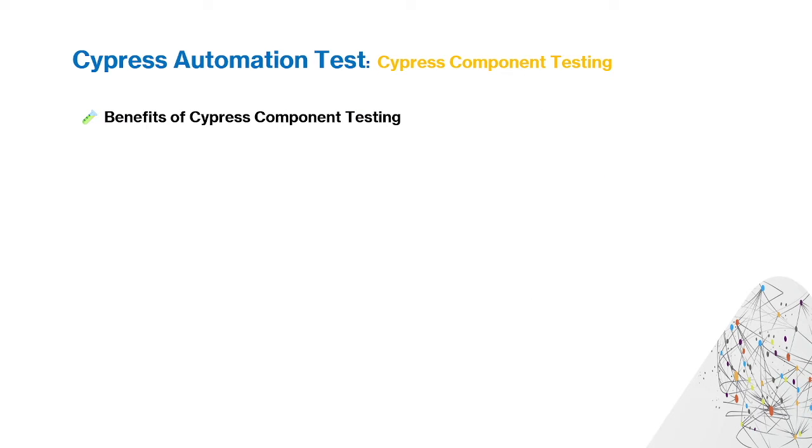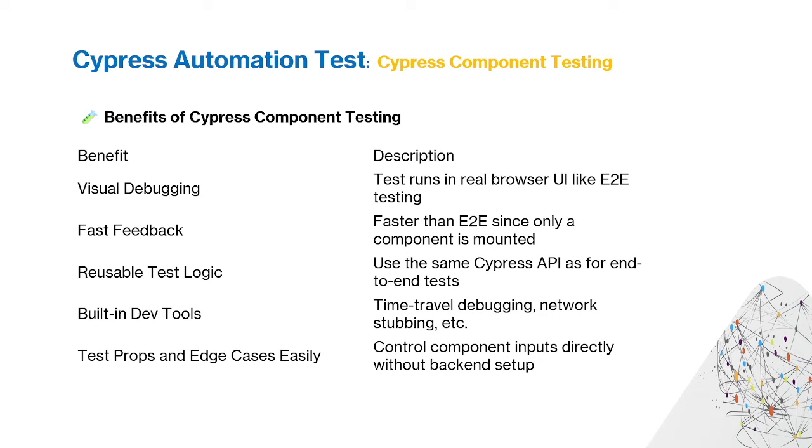Benefits of Cypress Component Testing. Visual debugging: tests run in the real browser UI, like E2E testing. Faster feedback: faster than E2E, since only the component is mounted.